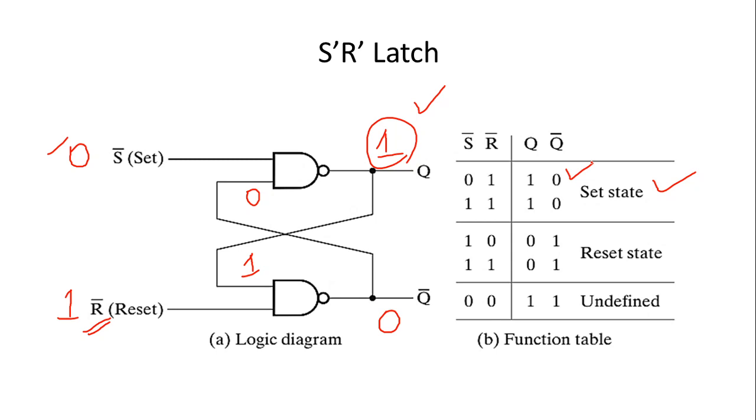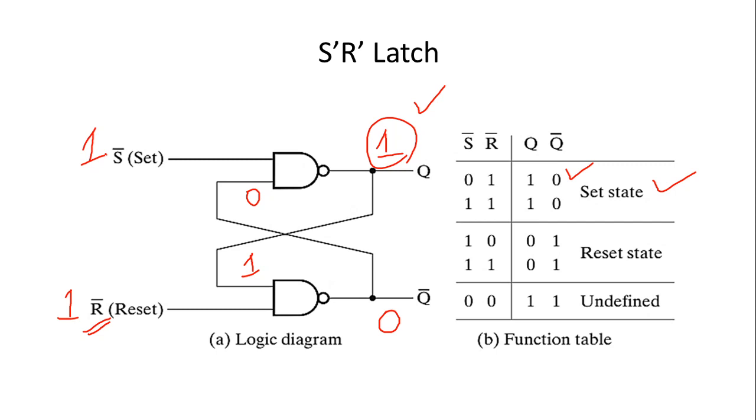Now if we change the input to 1 1, it should contain the previous state. So let's say I change this 0 to 1 here, as R complement is already 1.